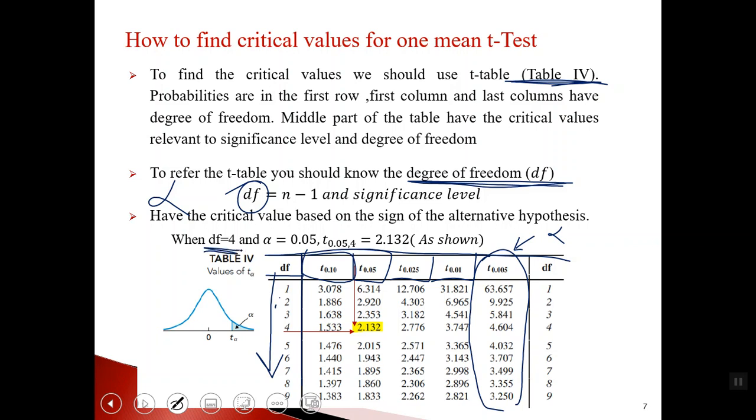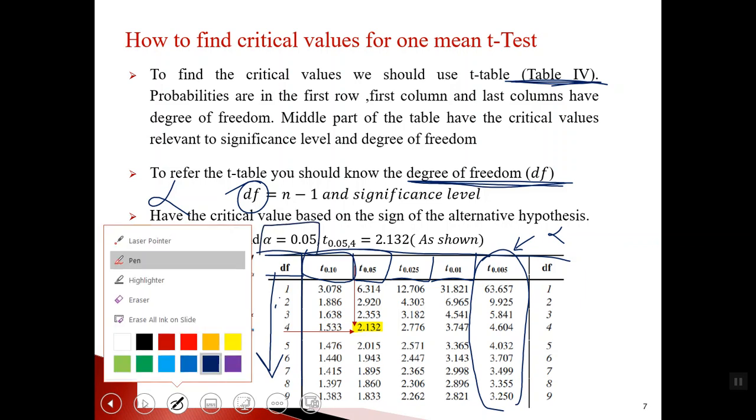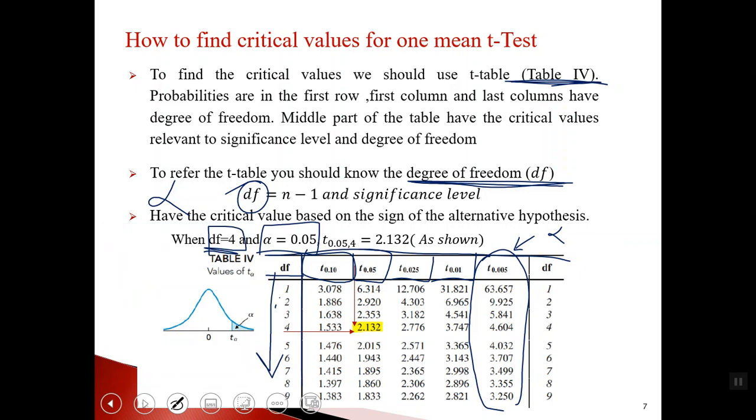When degree of freedom is 4, your alpha is 0.05. How do we get the value? First go down the first column, degree of freedom, and locate the degree of freedom equal to 4.